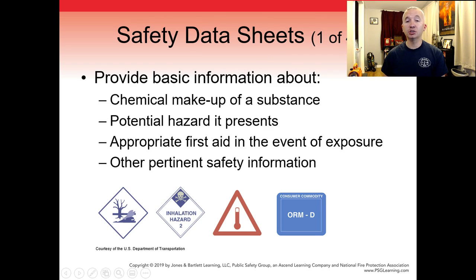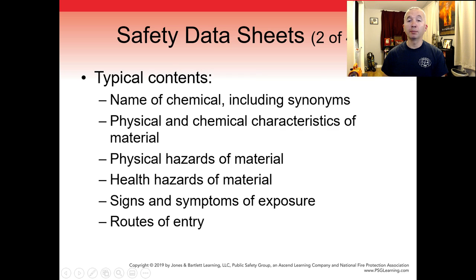SDSs, or safety data sheets, provide basic information about the chemical makeup of a substance, the potential hazards it can present, appropriate first aid in the event of exposure, and other pertinent safety information. These SDSs typically include the name of the chemical, including any synonyms, physical and chemical characteristics, physical hazards, health hazards, signs and symptoms of exposure, as well as routes of entry.